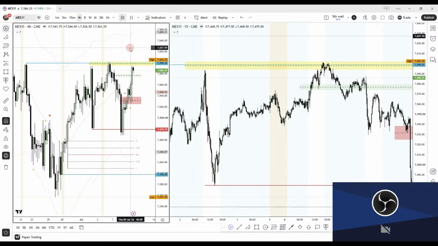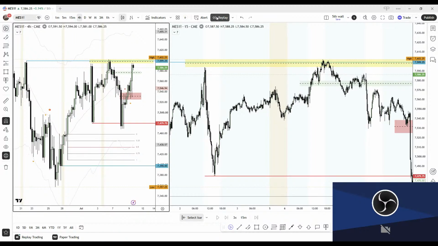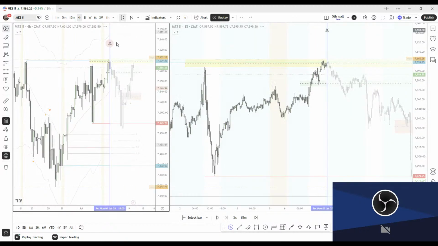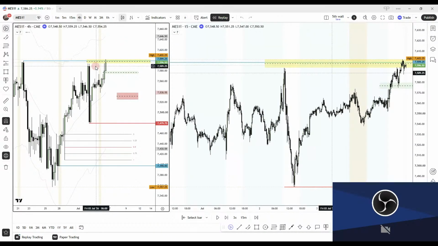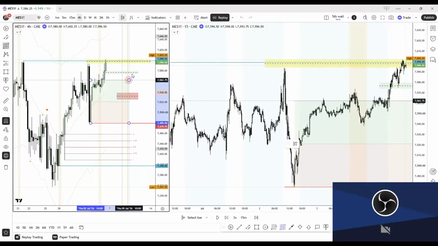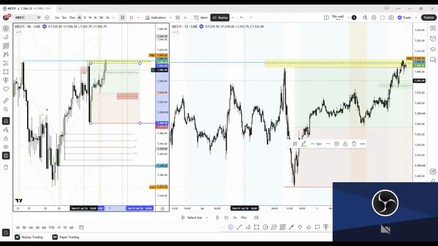What do I mean by that? What I mean by that is that when the market opened over here, Sunday, what's the range that price was in? That's what I mean. So price was in this low to that high, right? So 50% is here.